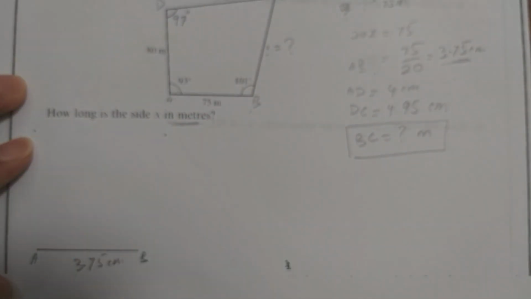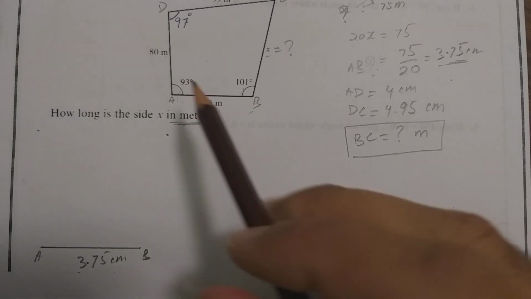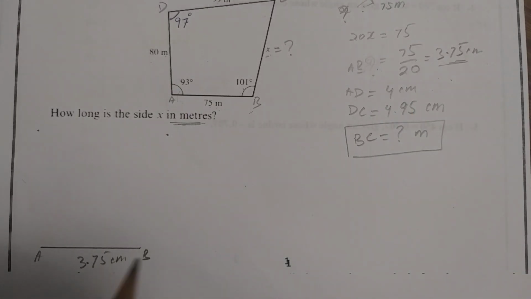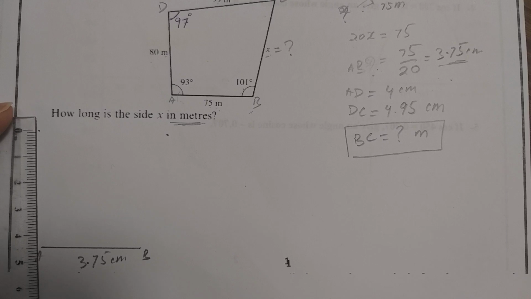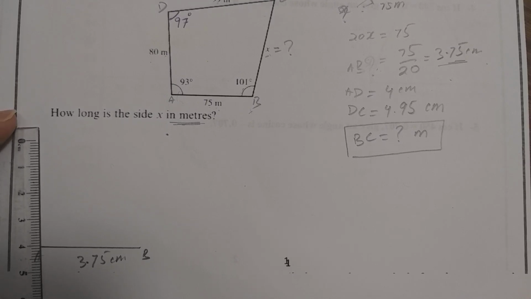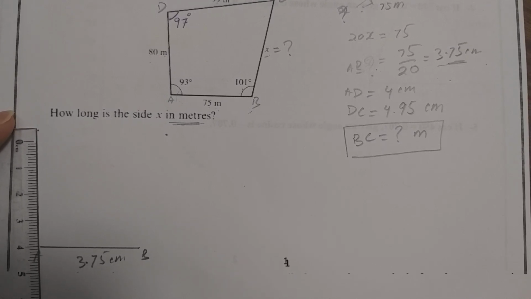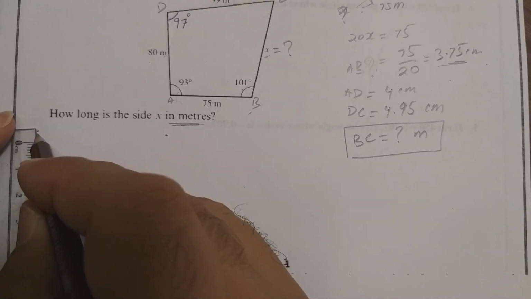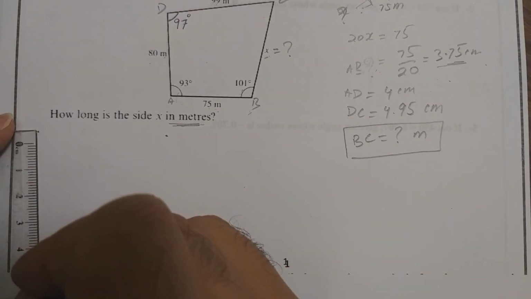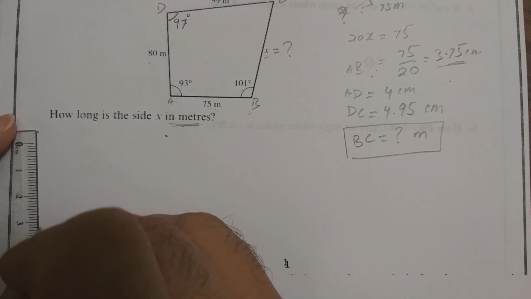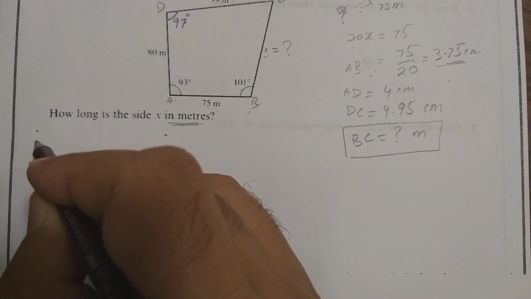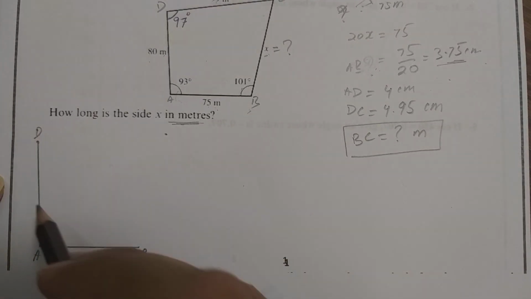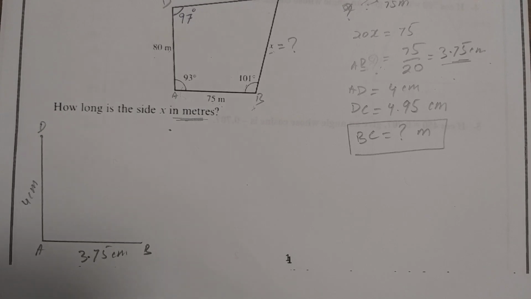How long would it be? From A to D is 4 centimeter. So this is 4 centimeter. This is D.